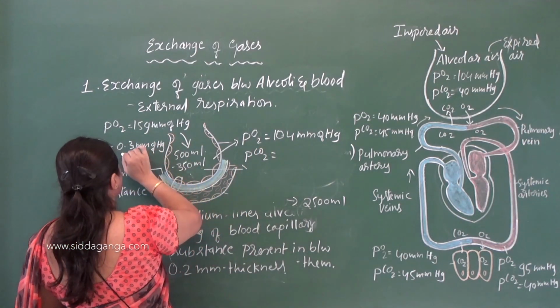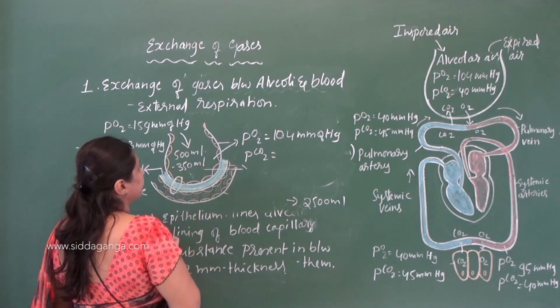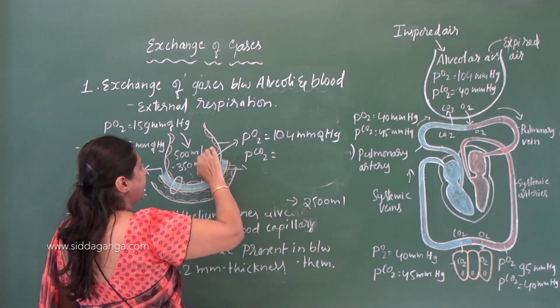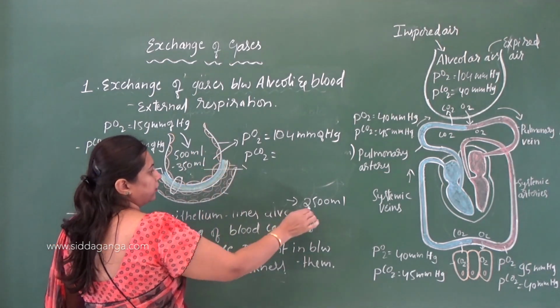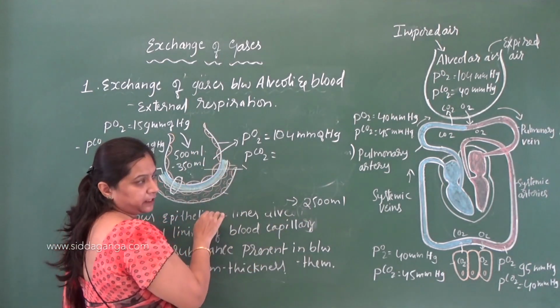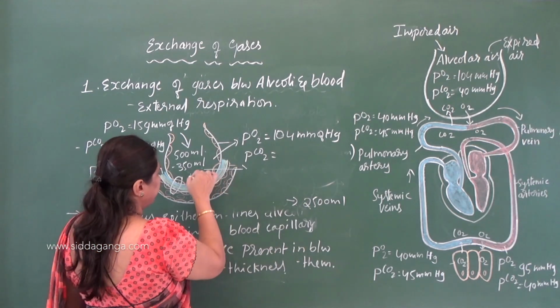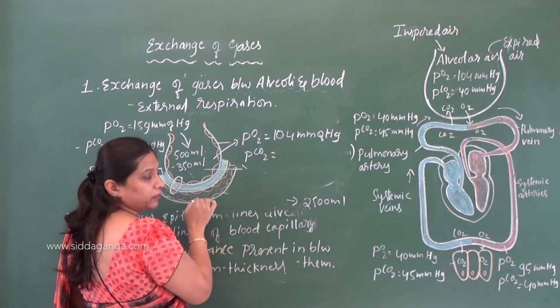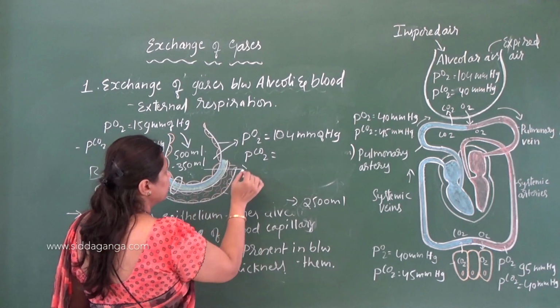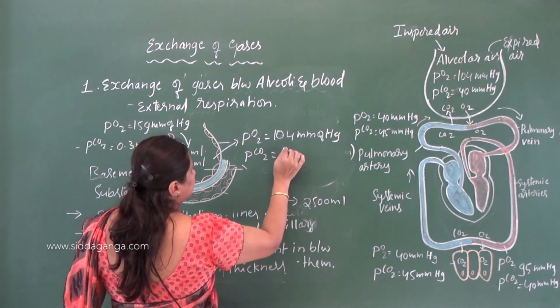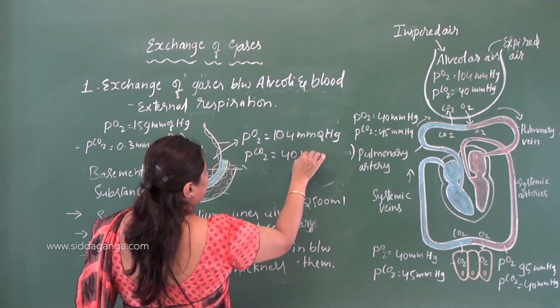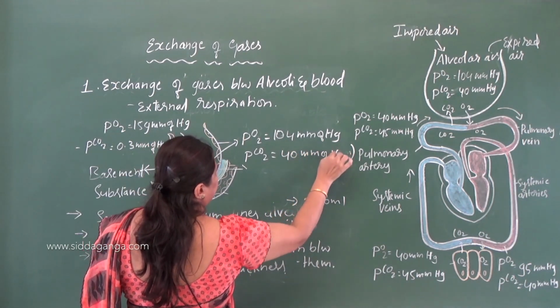In the atmospheric air it is only 0.3 millimeters of mercury. When we inhale, the freshly entered air gets mixed with the air already present, which is rich in carbon dioxide, so the partial pressure of carbon dioxide changes to 40 millimeters of mercury.